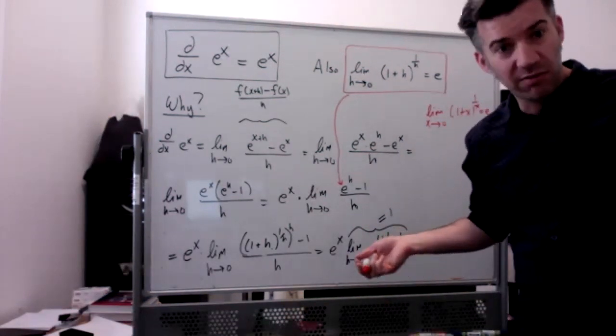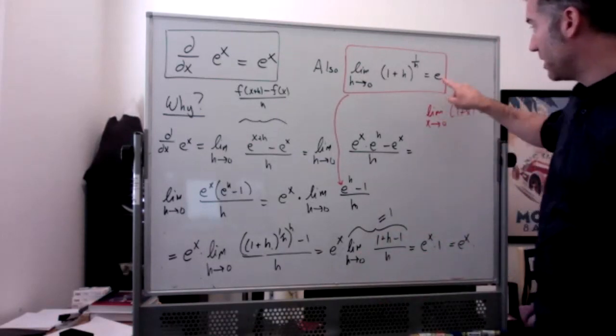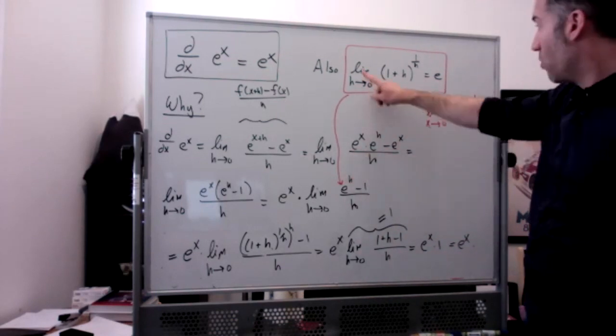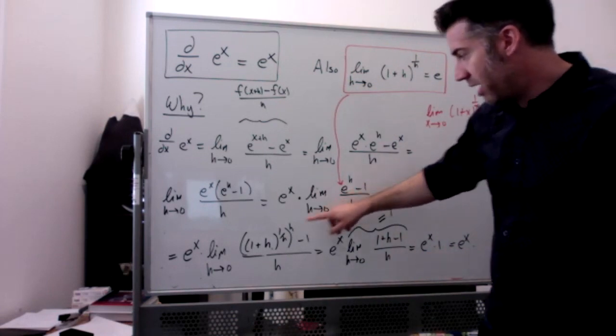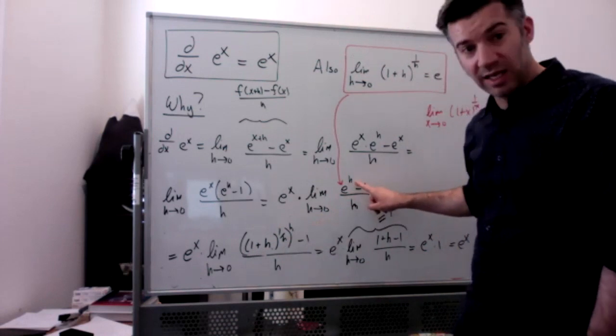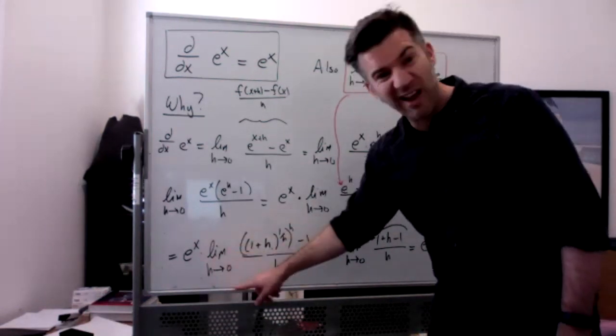Same thing, just a different variable. But now here's what I'm doing. I'm going to replace e, specifically that e right there, with this limit. So I rewrote e as (1 plus h) to the 1 over h, and then it's still raised to the h power. And then the limit is already there.